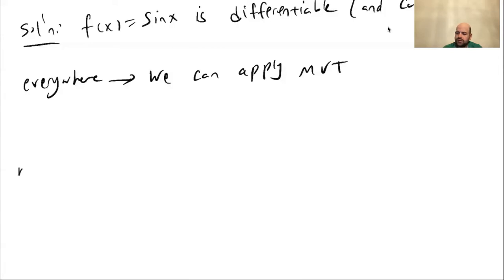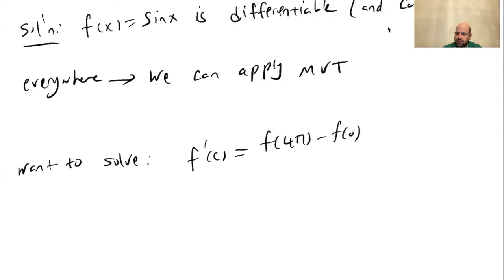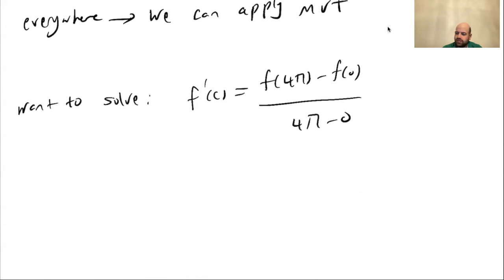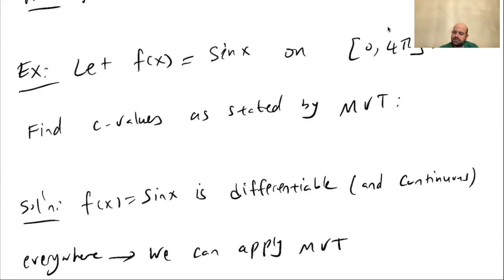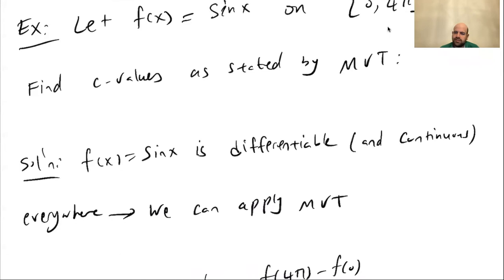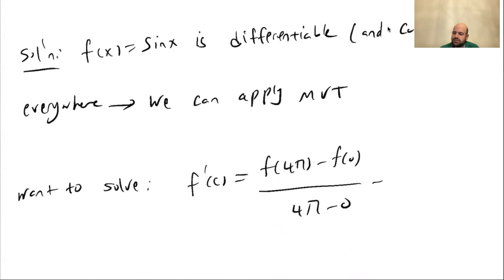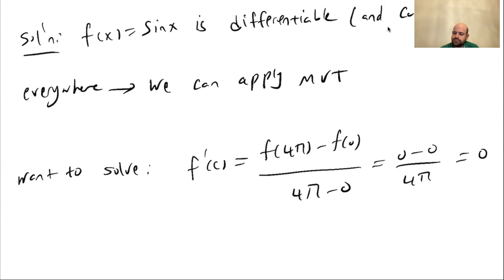We want to solve f prime of c equals f of b, which is f of 4 pi, minus f of 0, over 4 pi minus 0. The interval was 0 to 4 pi. Sine 0, of course, is 0. Sine 4 pi is also 0. So this is 0 minus 0 over 4 pi, which is 0.